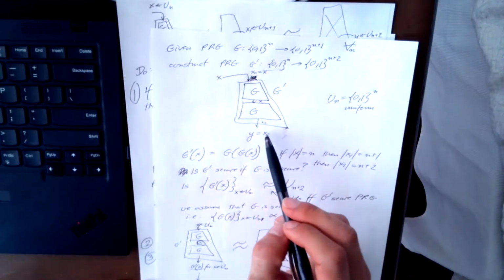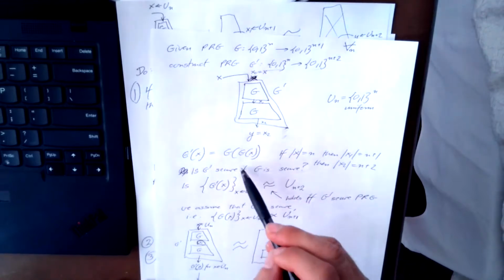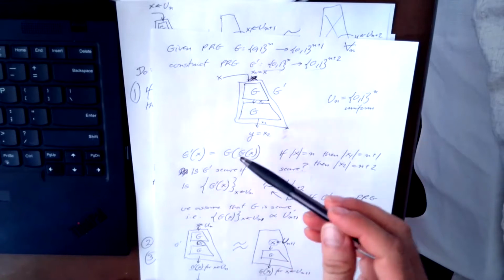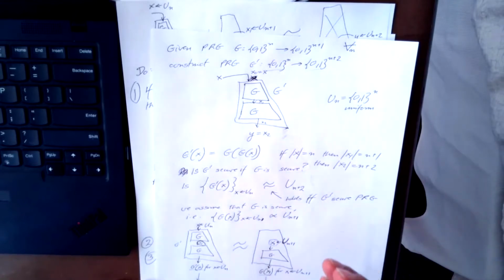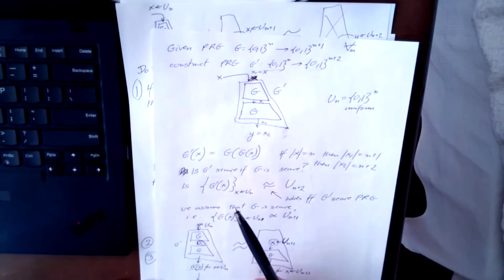You can continue. You can put another G box, etc. And at every point you're going to expand 1 more bit. You can do it polynomially many steps and create an expansion that adds polynomially many bits to the output. Nothing will fundamentally change.